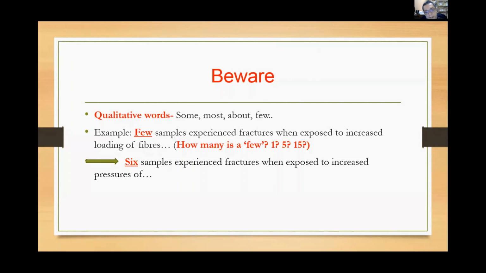How many samples are you talking about? You should tell people precisely how many samples you actually used, and how many samples experienced a fracture when exposed to the pressure. So you have to indicate the number quantitatively. Don't use qualitative words, because they are very puzzling and abstract.